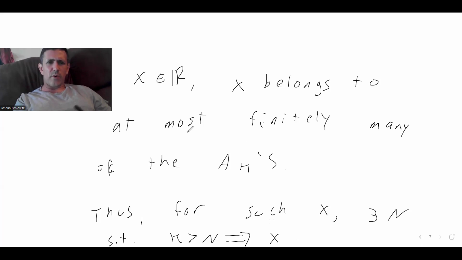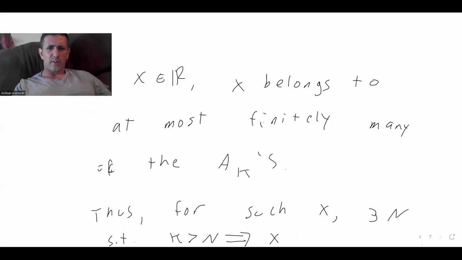If it's only in finitely many of these sets, then eventually what is true about x and A_k? So yeah, x belongs to finitely many of these A_k's.